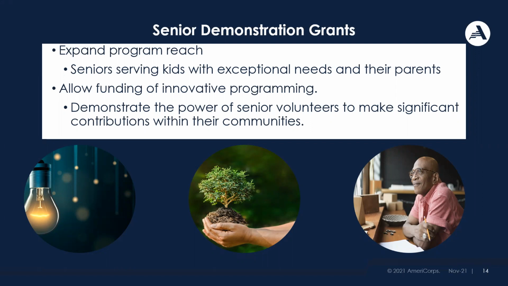So I mentioned that FGP focuses primarily solely on adults 55 and older that are tutoring exceptional kids. An SDP program may have seniors serving kids with exceptional needs, as well as serve their parents, like providing parenting tips or doing homework assistance tips.